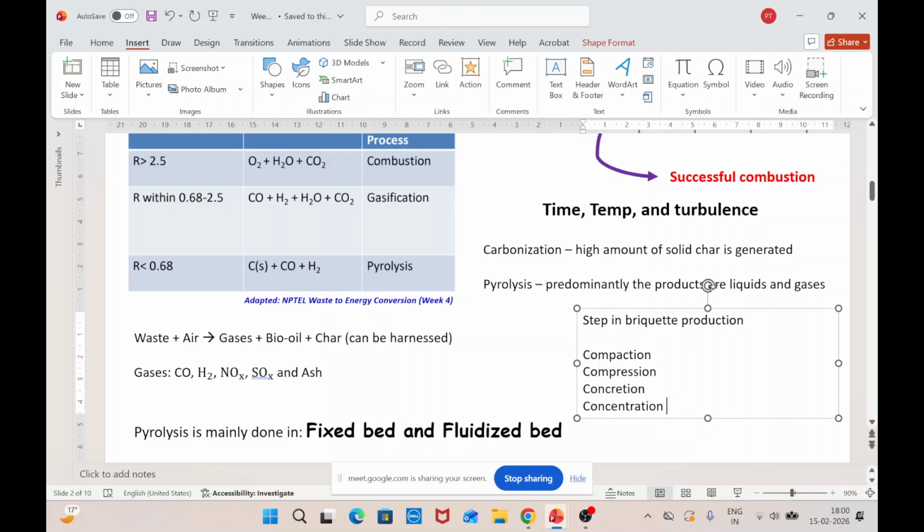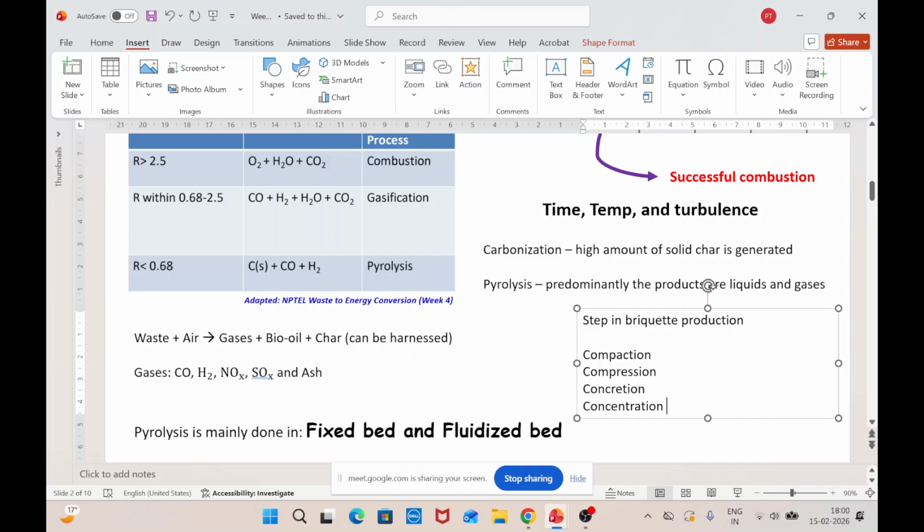Depending upon the type of pressure applied, you can split the process into three types: high pressure compaction, intermediate pressure compaction, and low pressure compaction. Depending upon the amount of pressure generated, you can form either briquettes or pellets.